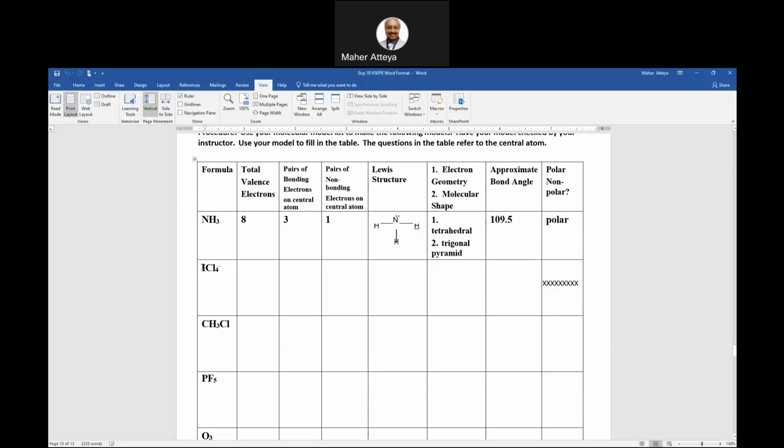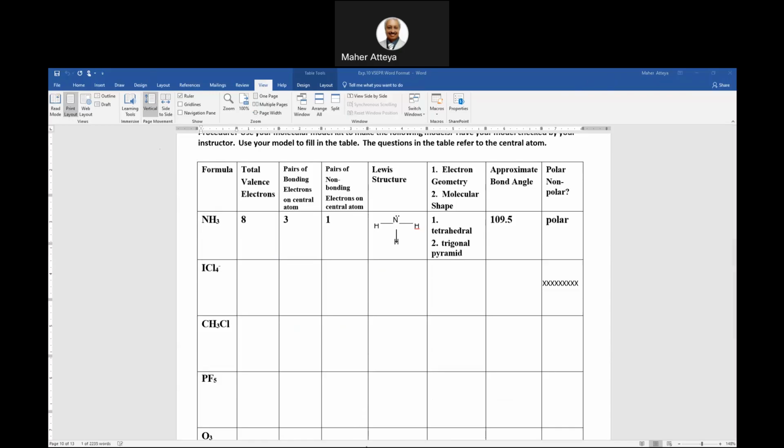What I will do is copy and paste this structure, and then I will go in Google Chrome or whatever and try to find it. I will paste it, and this is the compound's Lewis structure.